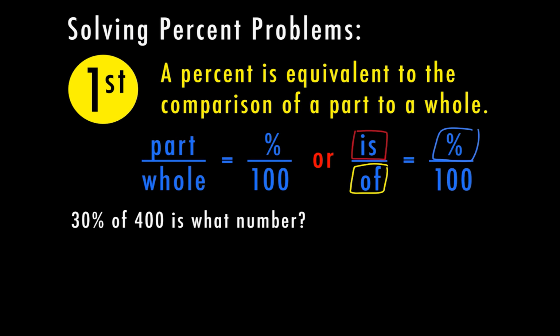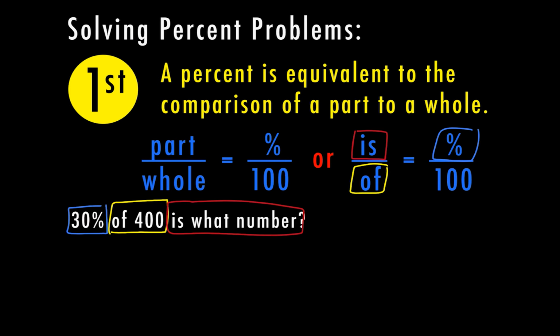So let's go back to this problem. If our percent is represented by blue, in this case I have 30%, is red, and of we're going to use yellow. It says 30% of 400 is what number? Well, there is no number included with is, so that's what we're going to be looking for.